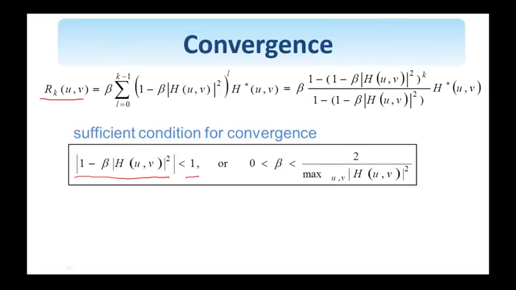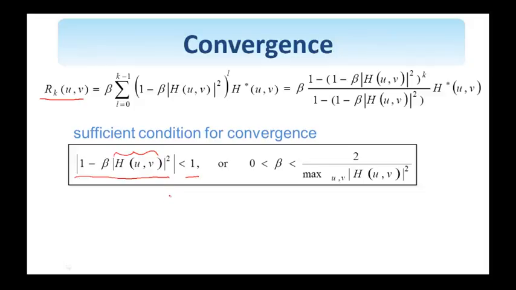But since now I have the magnitude of H inside the magnitude, this is a real number and it's non-negative. So with the exception of the frequencies for which H is equal to 0, this condition can always be satisfied.